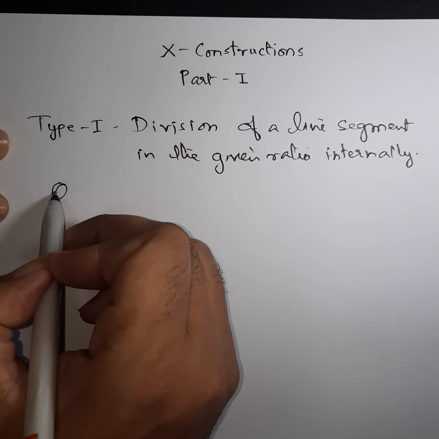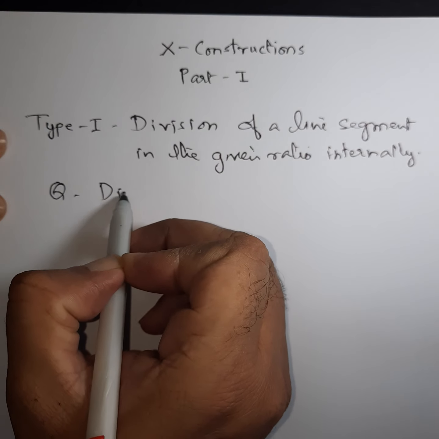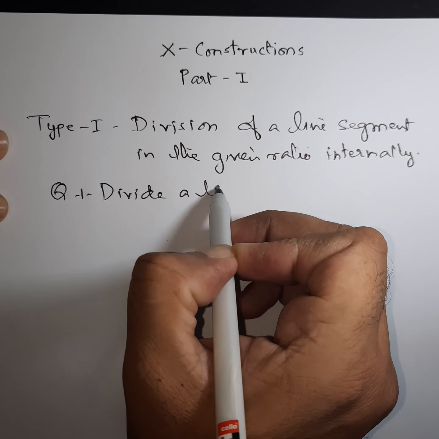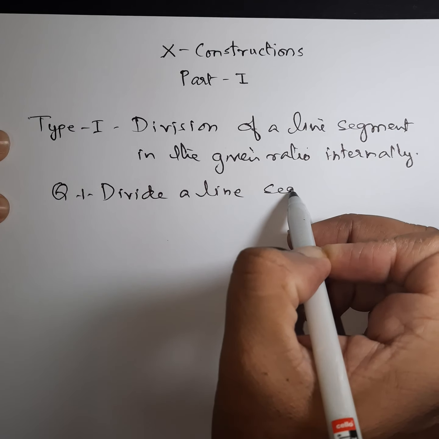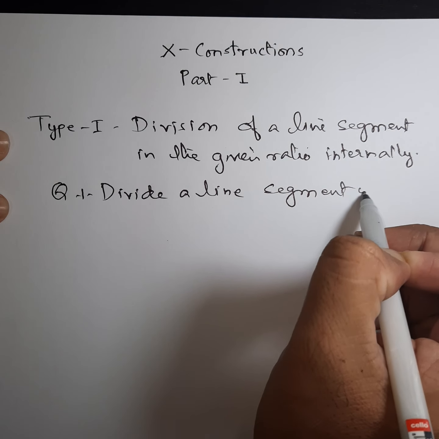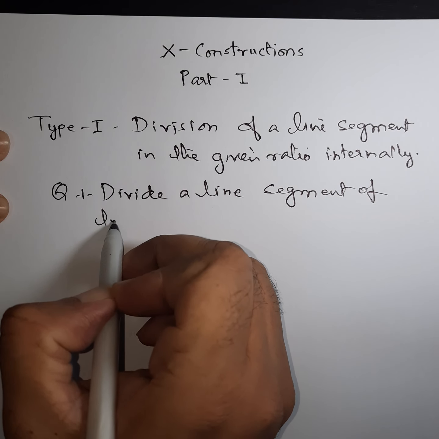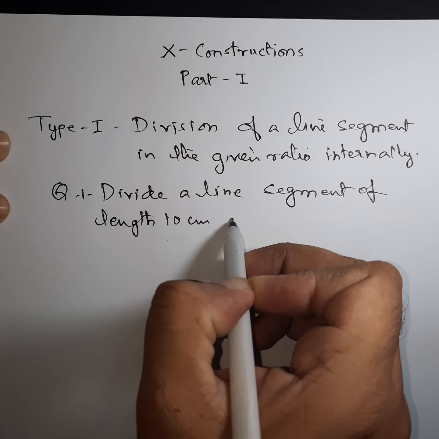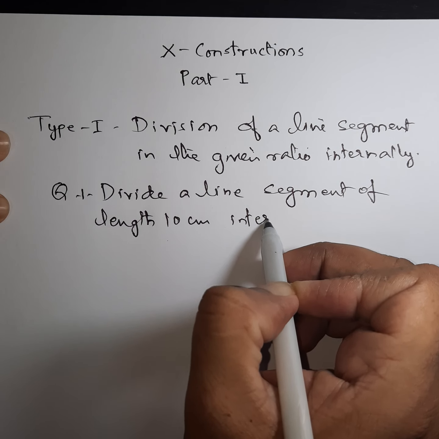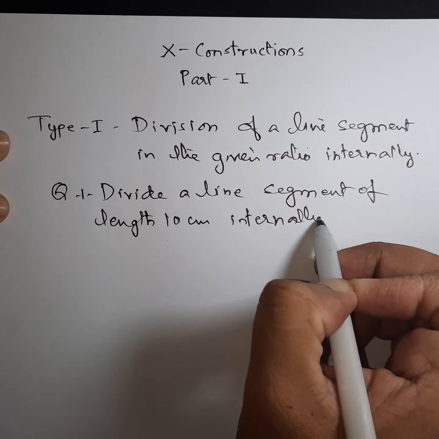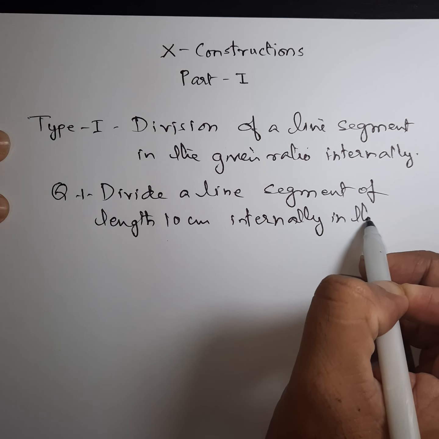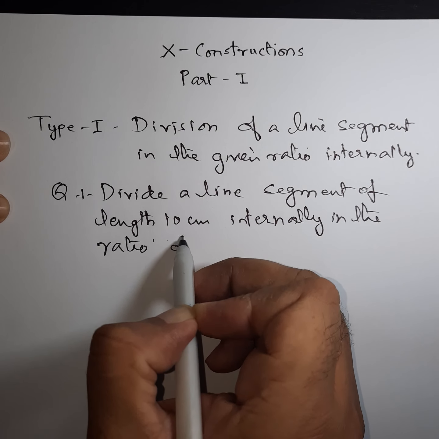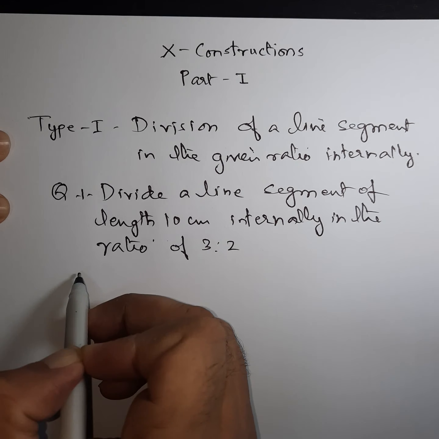So our question is, divide a line segment of length 10 centimeters internally in the ratio of 3:2. So we will do by two methods.